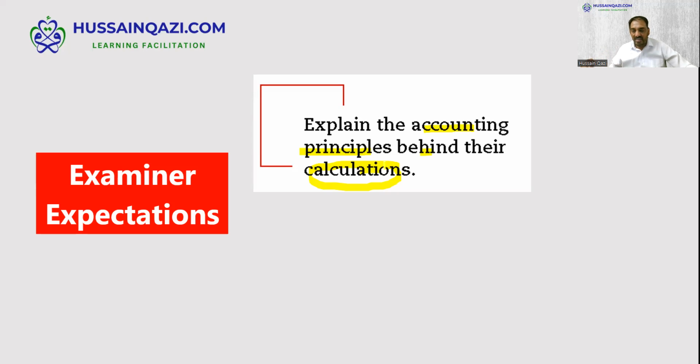If the examiner asks for the principle of goodwill, you have to mention the principle as well. So a lot of things depend on the situation and the requirement. We will cover this point with our practice questions of Module 4 as well.